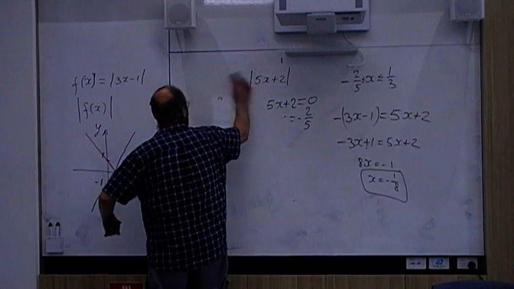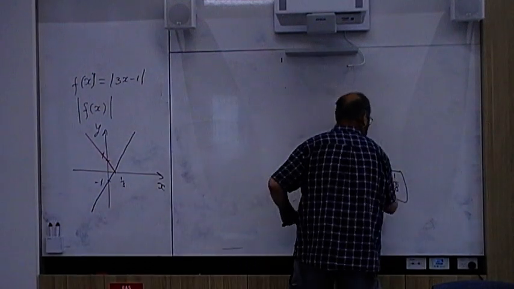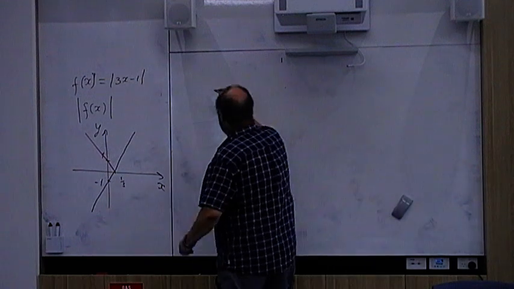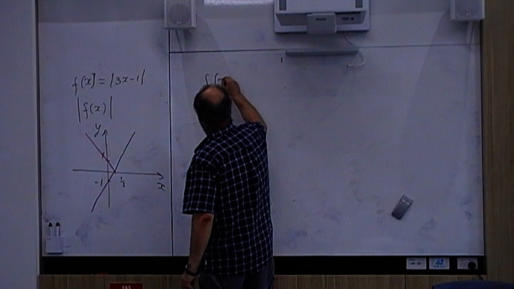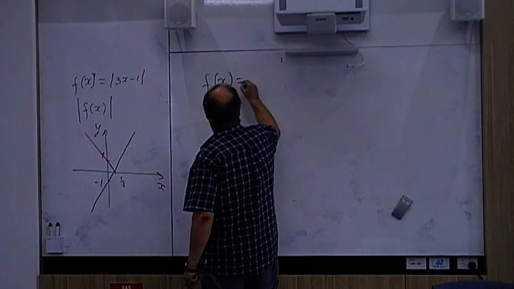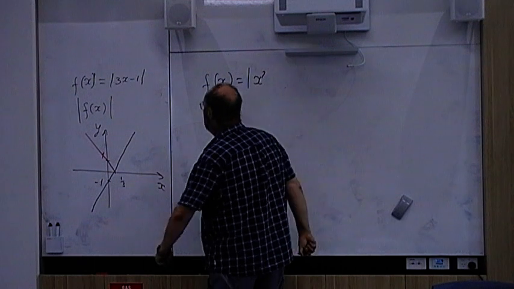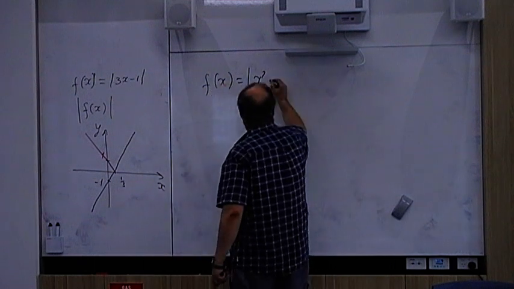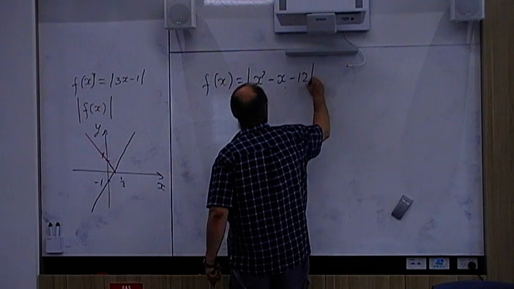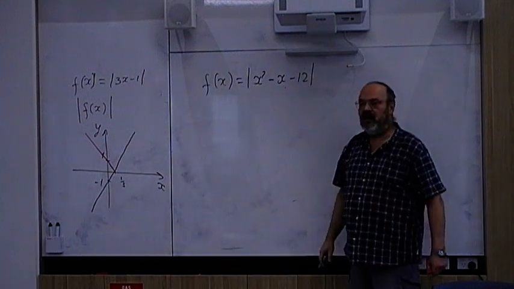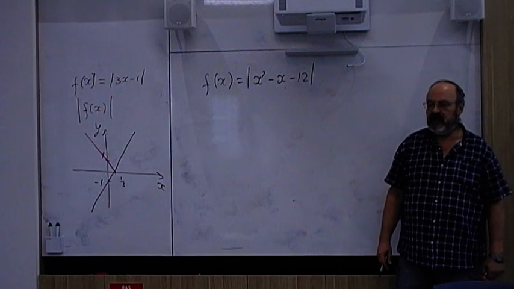For example, if you want to sketch the graph f of x equal modulus of x squared minus x minus 12. We start by sketching the graph of what is in the bracket.